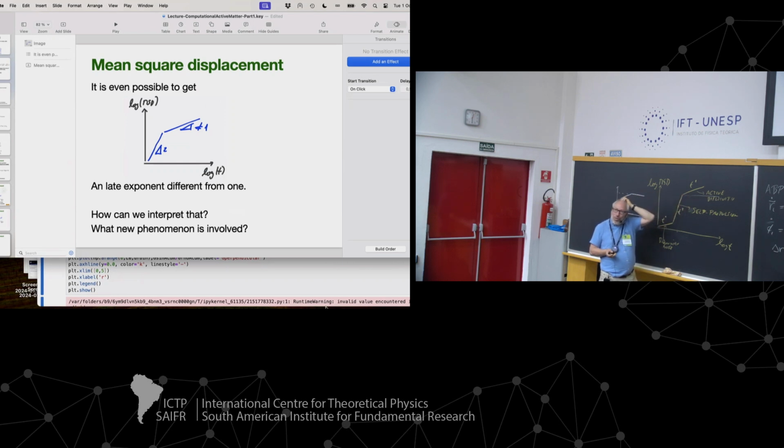Better is to do what Aparna is going to explain this afternoon: there's an analytic expression for that, and you fit the entire analytic expression. That is going to give you the speed, the diffusion coefficient, and the crossover time. But this analytic expression just works for the ballistic to diffusive transition. There are other expressions for ballistic to caging, etc.